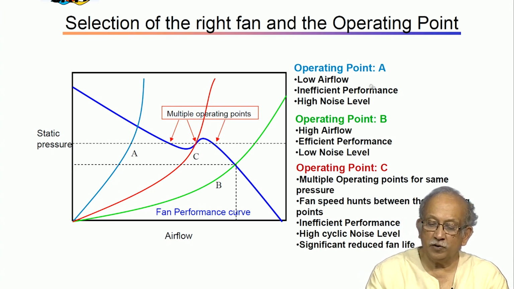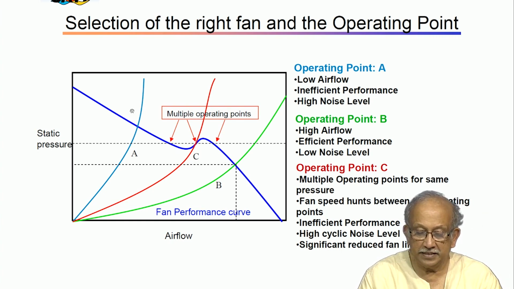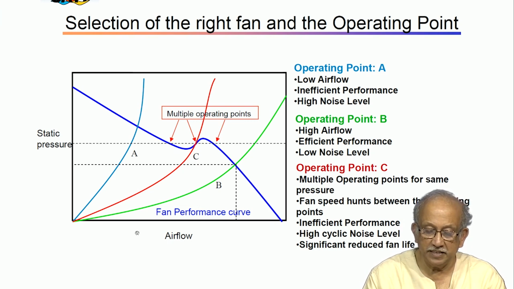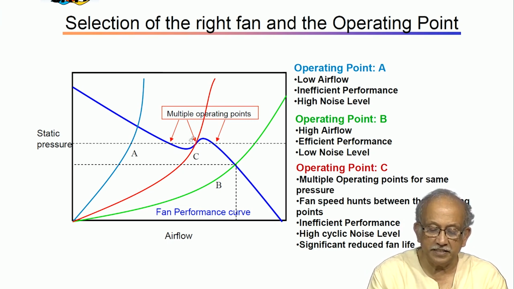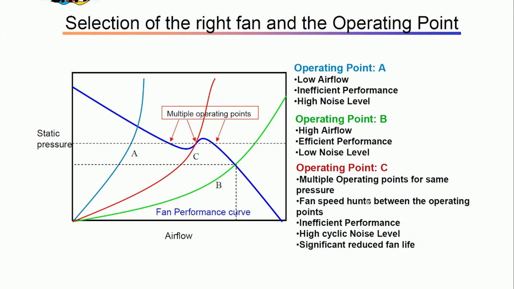So, operating point: low airflow, inefficient performance, high noise level, and then here low noise level because we have a fan which is there. And in between, if you are not very sure about it, chances are multiple operating points, fan speed hunts between the operating points, which works a little even with our air conditioners.